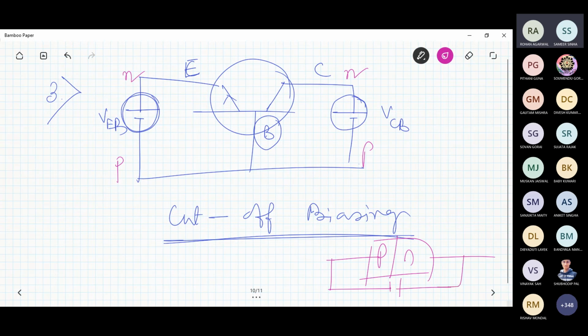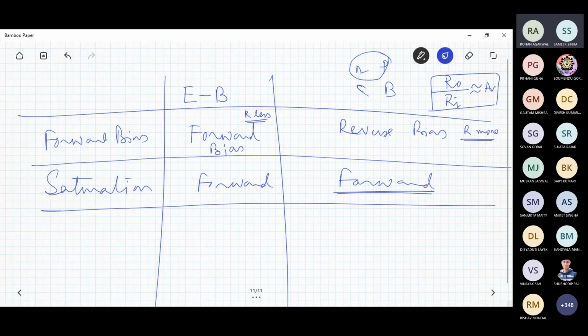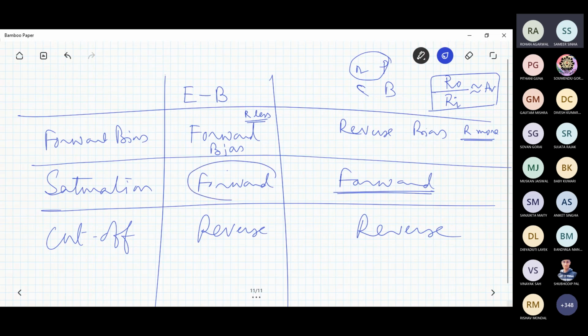In both cases it is happening like this: N is getting positive, P is negative. So both the first junction and the second junction are reverse biased, and that leads to the cutoff condition. In cutoff, the first junction is reverse biased and the second junction is also reverse biased. Remember, whenever it is forward bias, resistance is less.